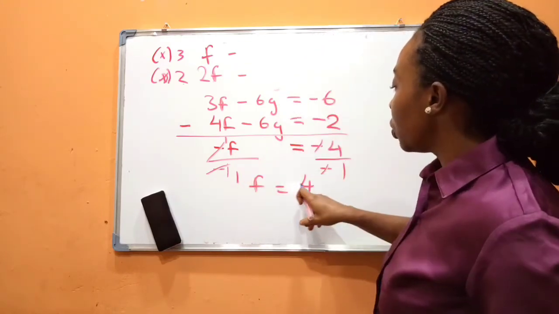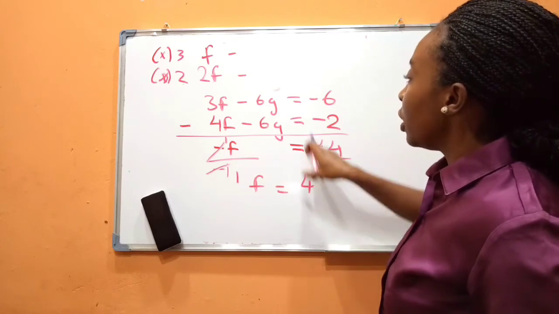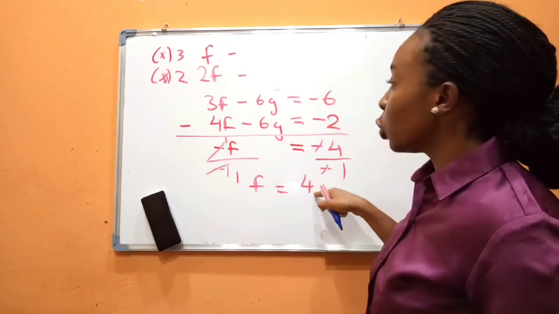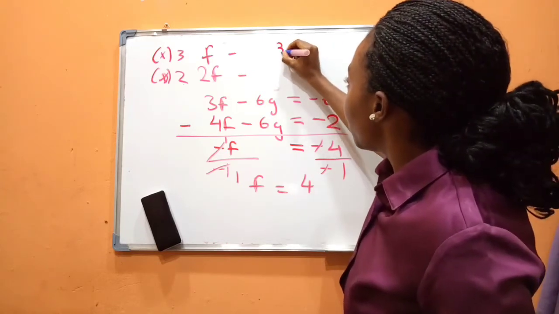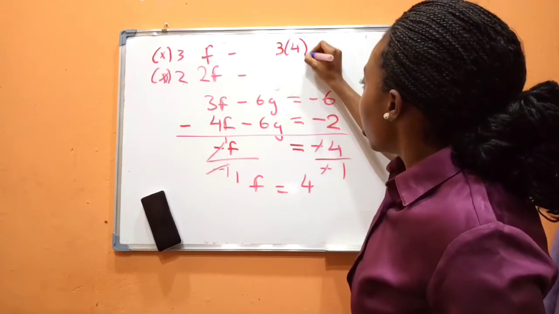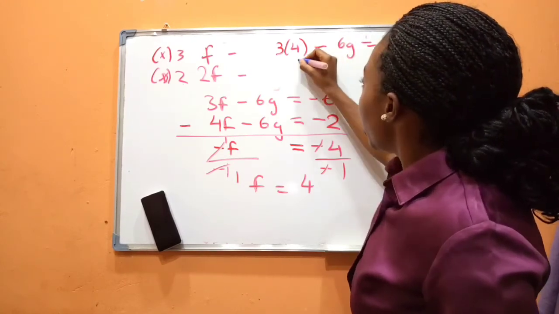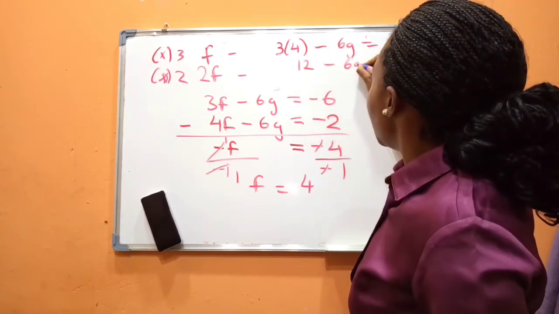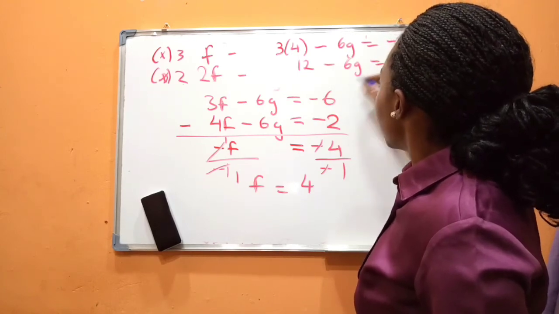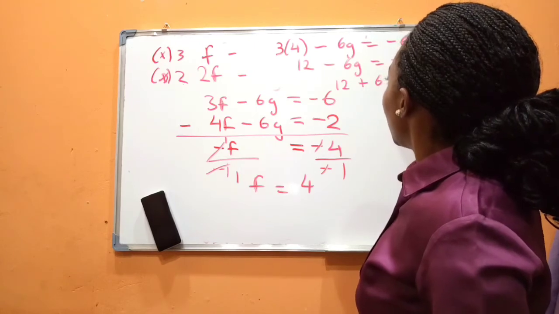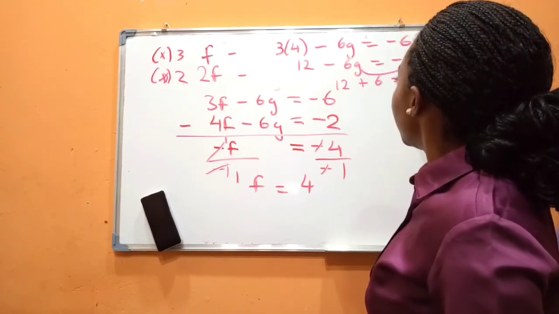We simply put f equals 4 in equation 1. So wherever we see f, we replace it with 4. So we are going to have 3 times 4 minus 6g equals minus 6. We have 12 minus 6g equals minus 6. And we have 12 plus 6 equals, this comes here, you have 6g.